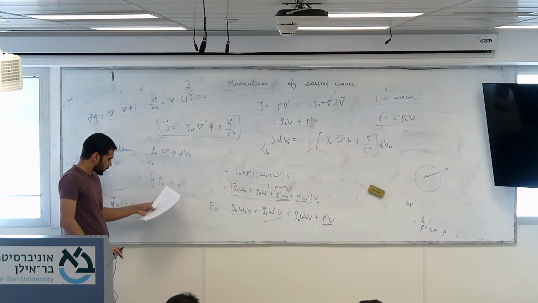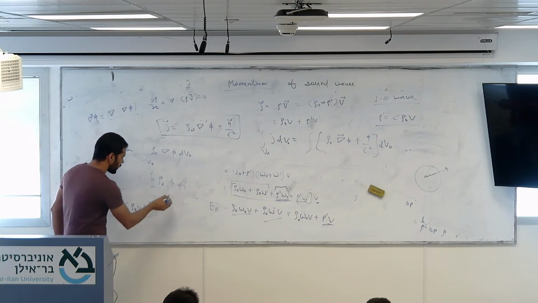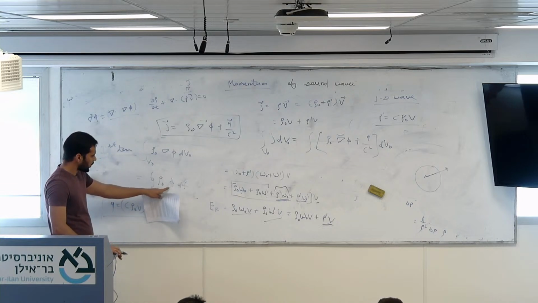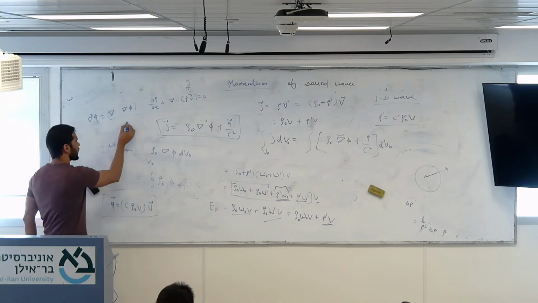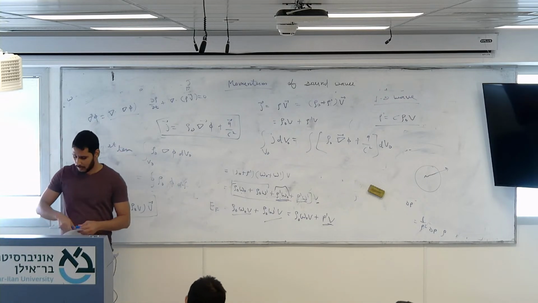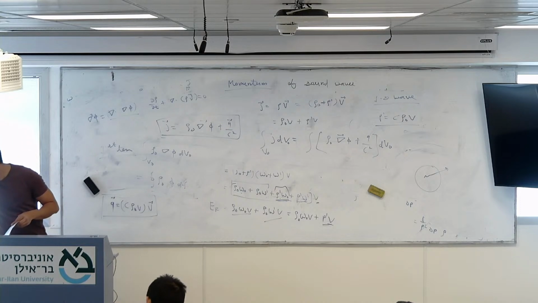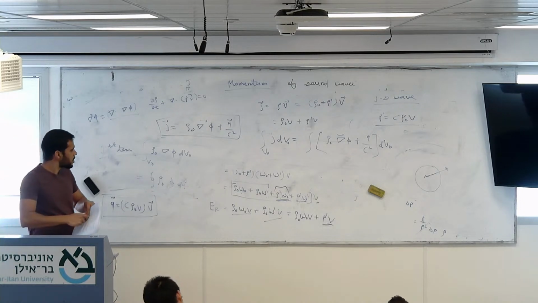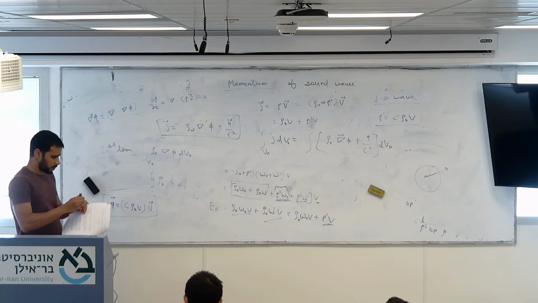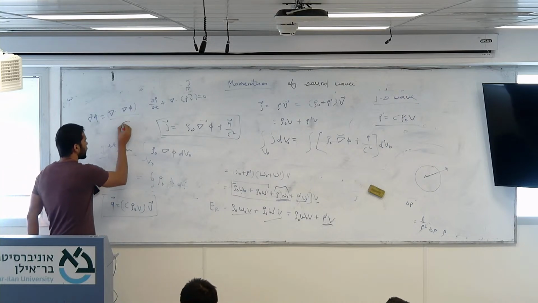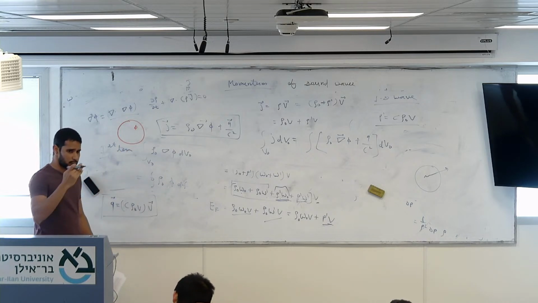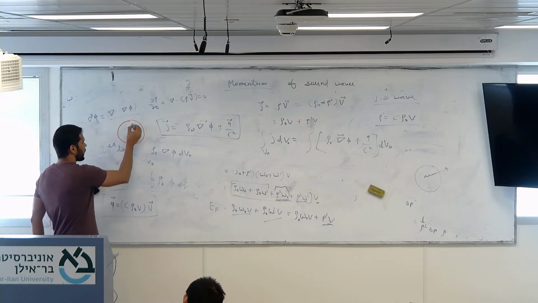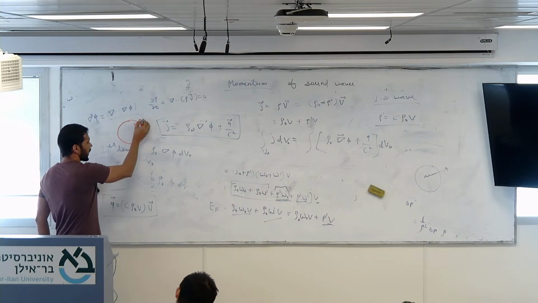What it says is that, what is phi? It is the velocity potential of which velocity? Of the perturbation. Phi is the velocity potential. Outside this it is 0.